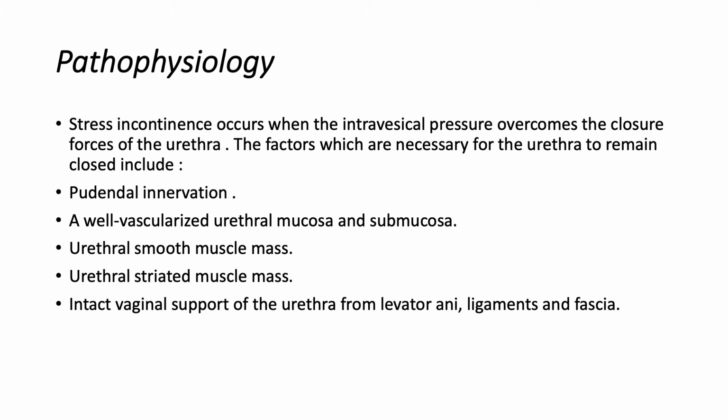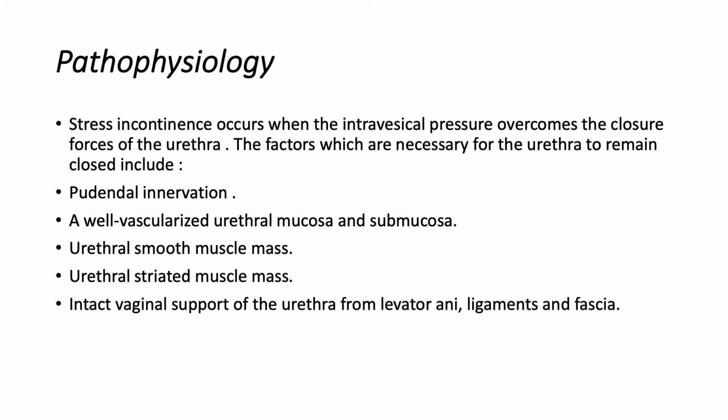Here the intravesical pressure overcomes the closure pressure of the urethra, and there is a defect in the urethral sphincter. The integrity of the urethra to retain its pressure depends on the pudendal innervation.